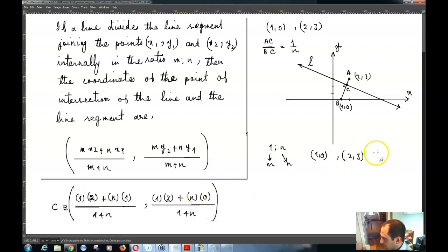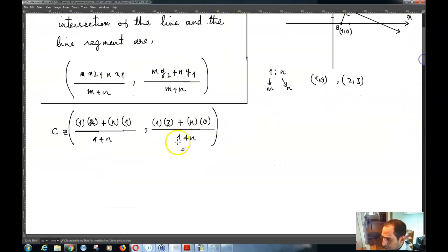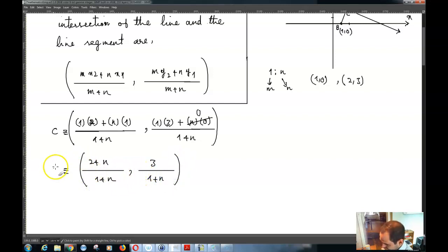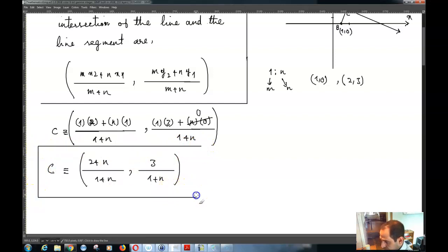So these are the coordinates of the point C, which is the same thing as basically 2 plus n over 1 plus n, and this over here is basically 3 over, this is 0, so this becomes 0, 3 over 1 plus n. And so basically now this is the point that we were looking for.